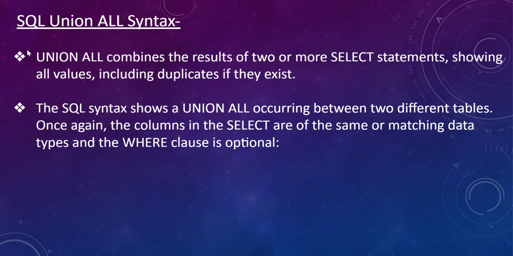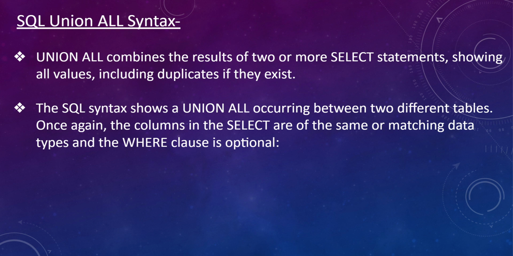SQL union all syntax. As we have seen the SQL union syntax, now we will see union all. Union all combines the results of two or more select statements similar to union, showing all values, including duplicates if they exist. In case there are two tables and there are no duplicate records in either table, then there is no difference in using union or union all.